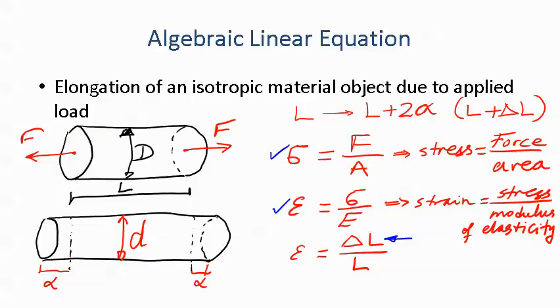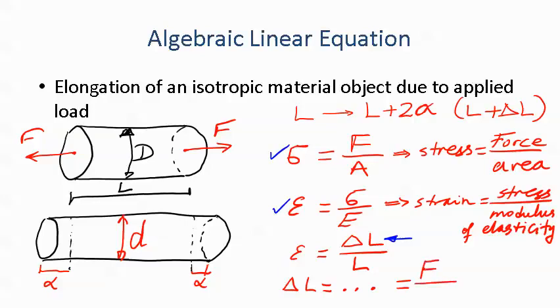So I will leave it as an exercise for you to combine these equations and solve for delta L. Delta L will be equal to L times epsilon. And if we perform the algebra of substituting these expressions, we end up with the following expression.